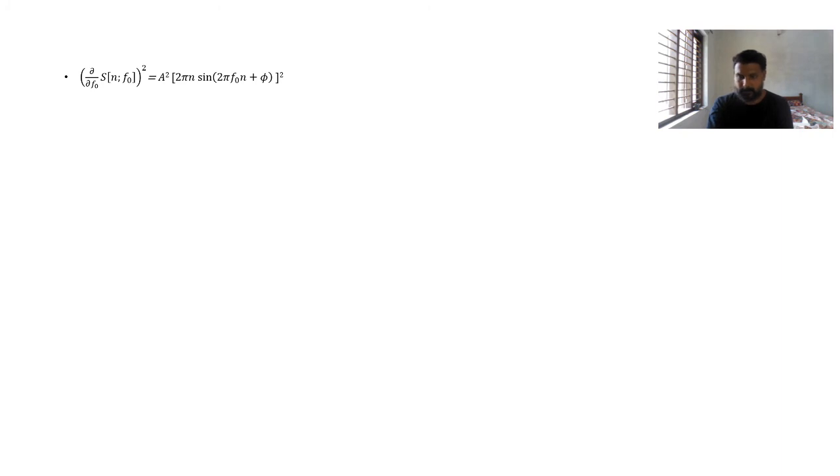Okay, now we can take the sum over n equal to 0 to N minus 1 of (∂/∂f₀ of s[n; f₀]) squared, which is nothing but A² into the sum over n equal to 0 to N minus 1 of (2πn sin(2πf₀n + φ)) the whole square. Okay, now the variance of f₀ cap should be greater than or equal to σ² by A².